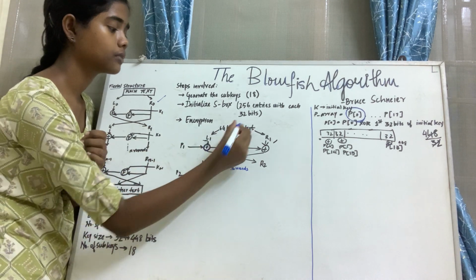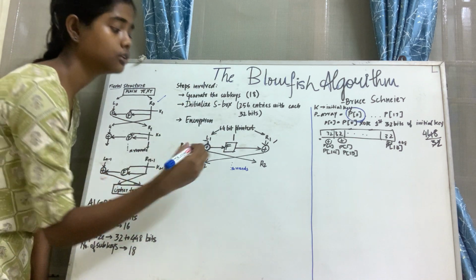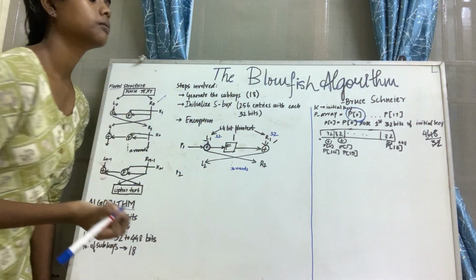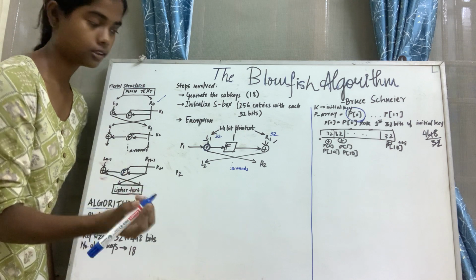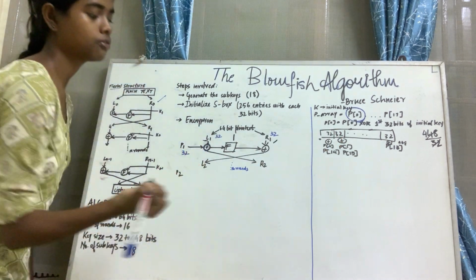As I have mentioned, the 64-bit plain text will be divided into 2, so both of these will be of 32 bits. The left plain text is of 32 bits, and as you can see here, the subkey is also of 32 bits.